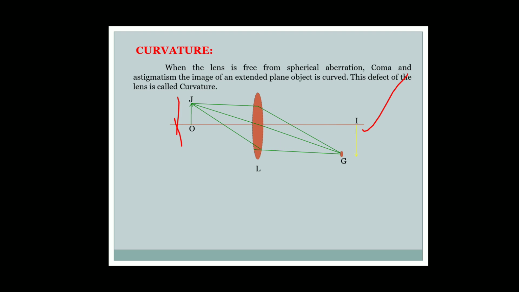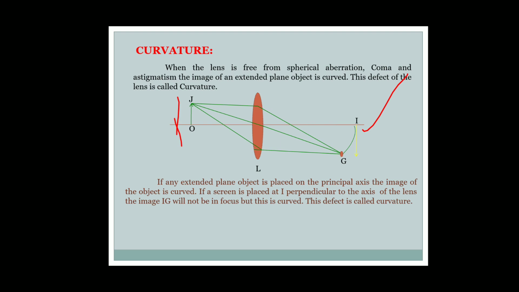This IG is not a straight line, it is a curved image. So this defect is called curvature. If a screen is placed at I perpendicular to the axis of the lens, the image IG will be in the form of a curve.